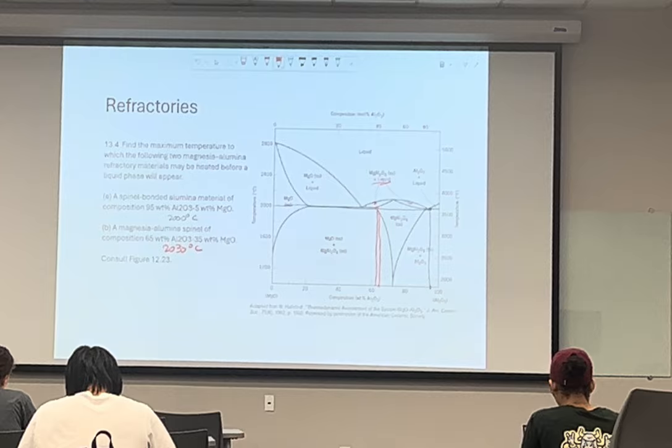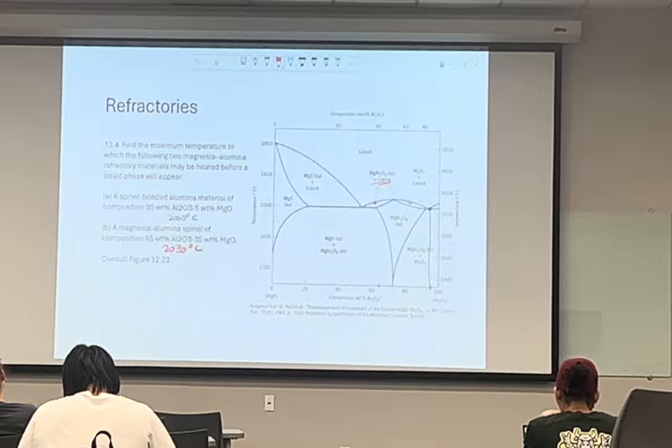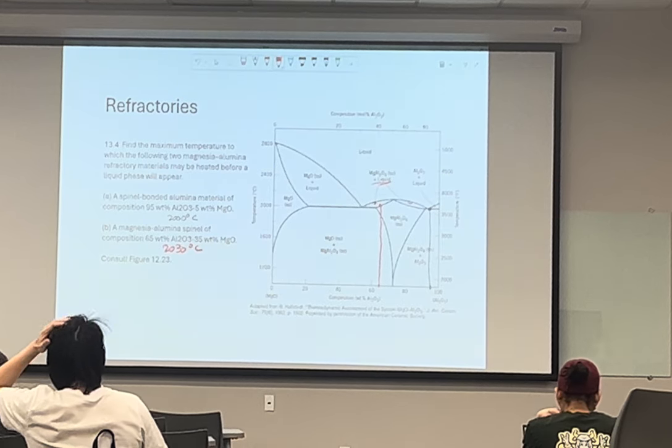So yeah, correct. Hold on one second. So take this out. Yeah, so about there. We hit this phase here. That phase should still be solid, and then we go up just a little bit higher. So 2000 is like here, and then they're calling it 2030 degrees Celsius, but it's honestly very hard to tell.